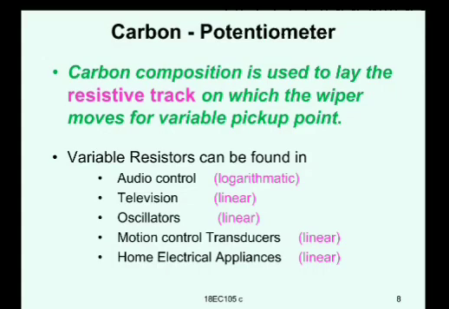And in the oscillators in the lab, you will have the knob that is fixed to the shaft of the variable resistor inside, which will vary the frequency of the oscillations.